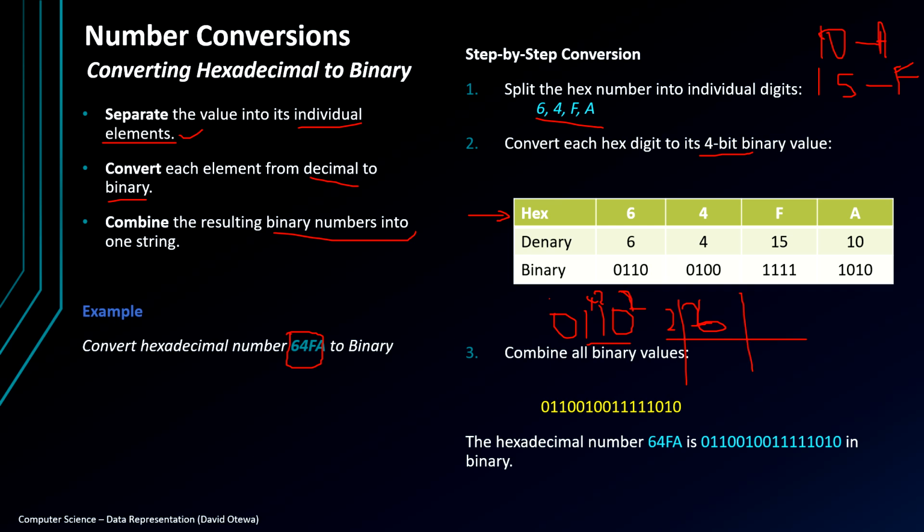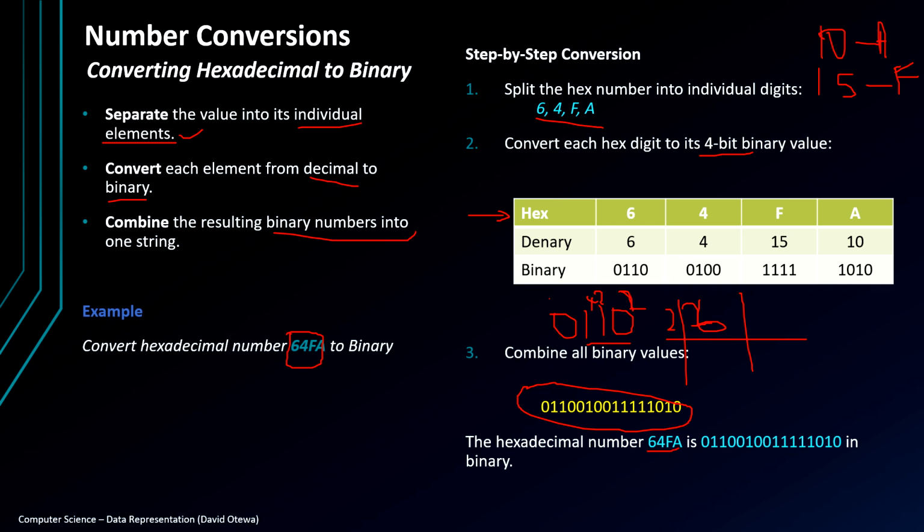Remember, in your exams, you'll be asked to show the workings. So for this, we get 0110, 0100, 1111, 1010. Then the last step, we've been told we need to combine. So we combine all of them.